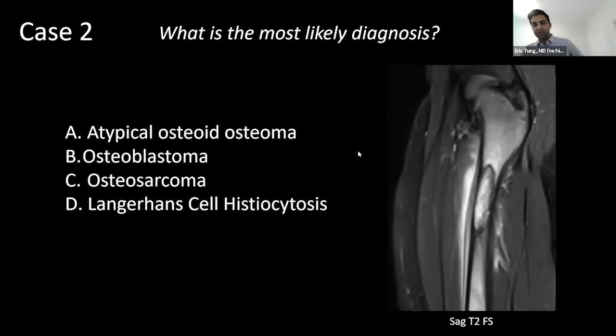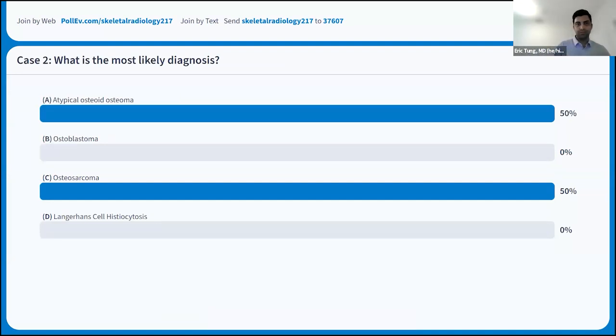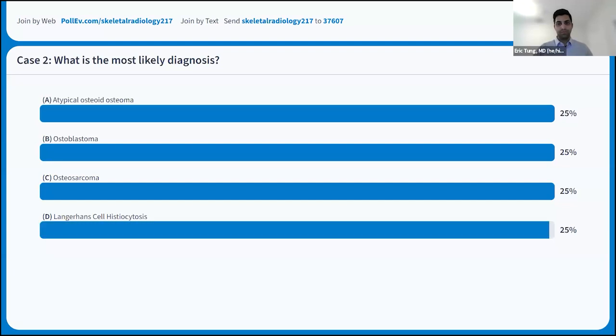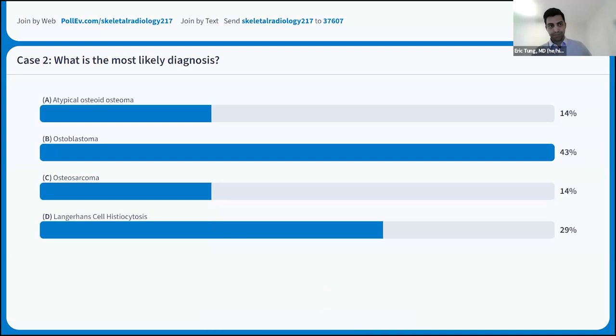So what's the most likely diagnosis for this lesion in this 3-year-old? We'll keep the poll up for a few more seconds here.